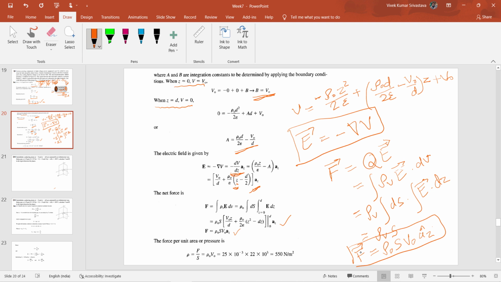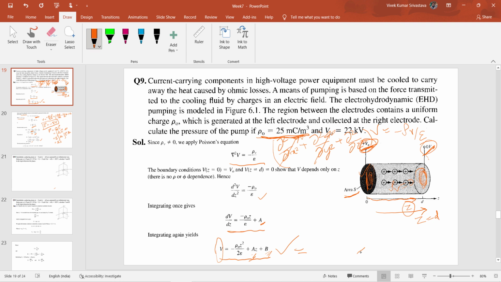Pressure is basically defined as the force per unit area, so we just divide this expression by s. This s will be cancelled out, and that's how you can find out the pressure that we have to give for cooling out this system. Okay, so that's how you can solve such type of problem.